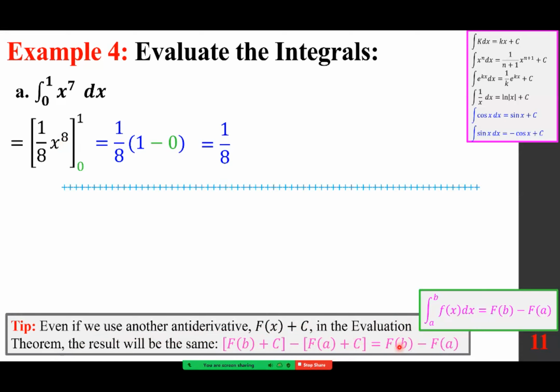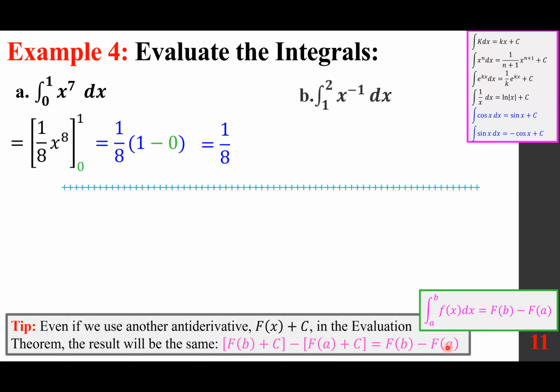Plus c and minus c, so you get F of b minus F of a. That's why you want to stick with what you have, everybody. So the result will not change.